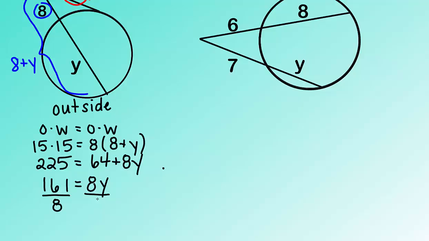And we'll divide by 8 on both sides. And say that y is equal to 161 over 8. And we can write that as a mixed number if we want to. 20 and 1/8.